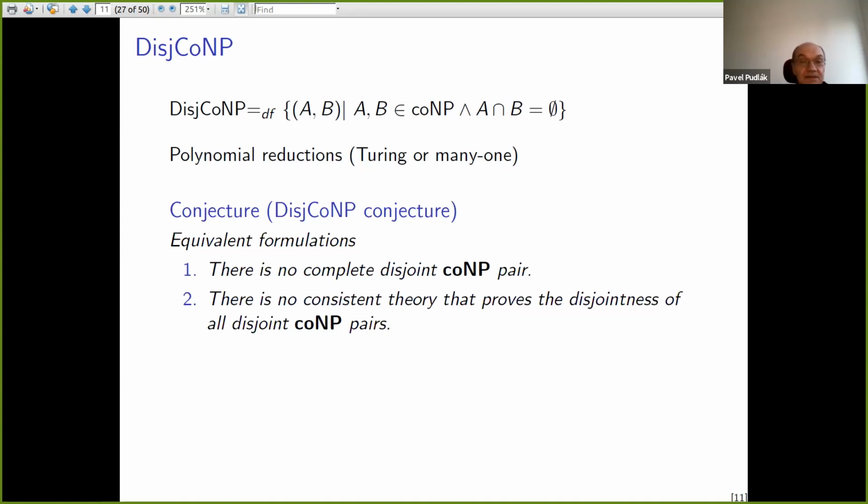Again, it's a syntactic class, so this is equivalent to saying that there is no fixed theory that proves disjointness of all co-NP pairs. And we have a similar connection as before, namely that the conjecture about disjoint co-NP pairs implies the conjecture about total function NP problems.